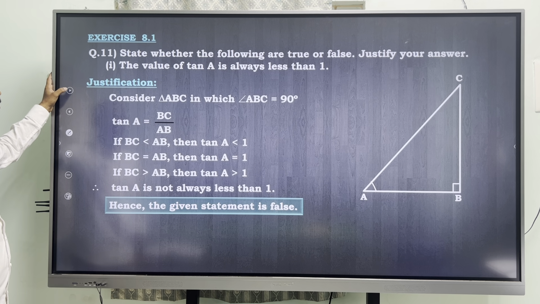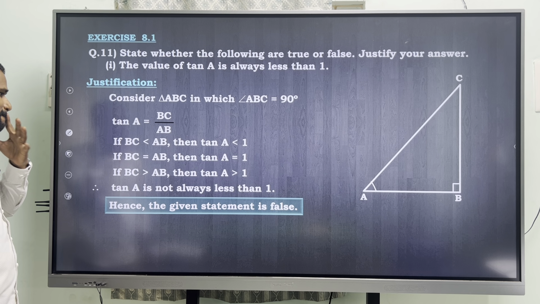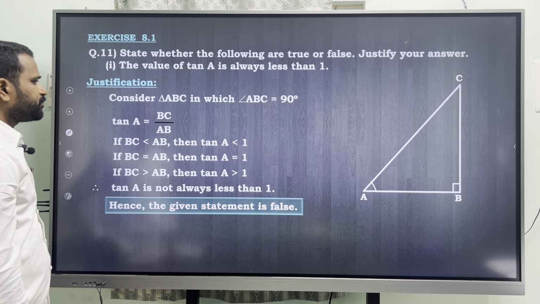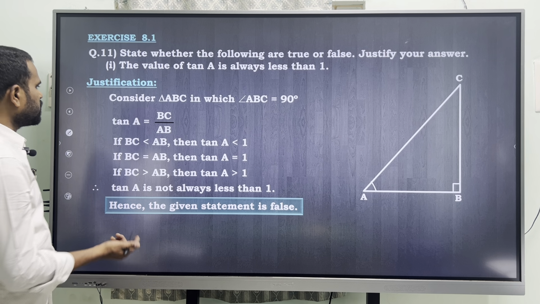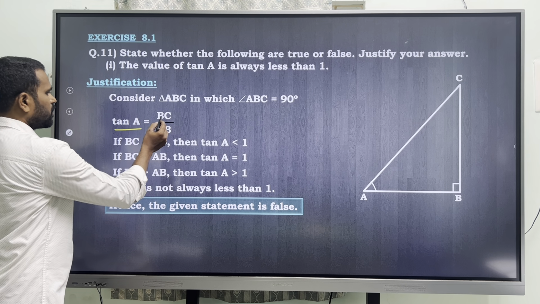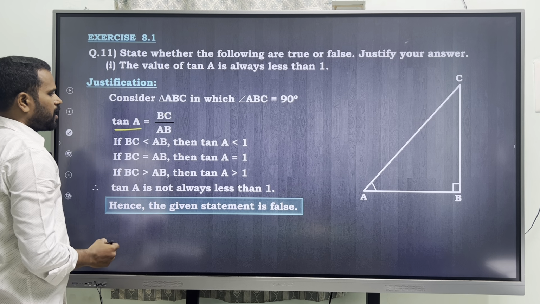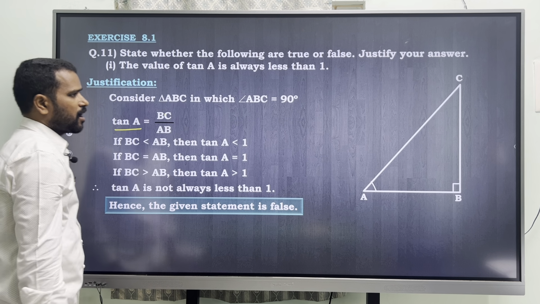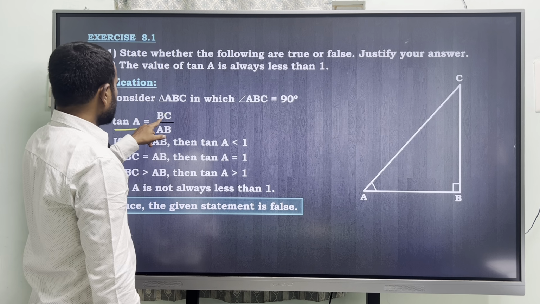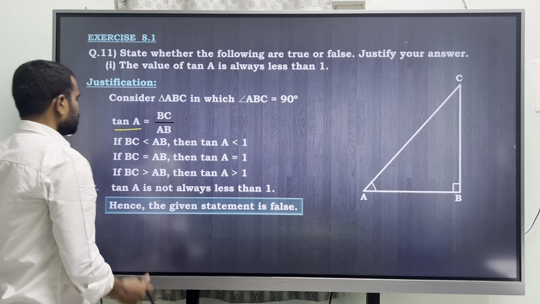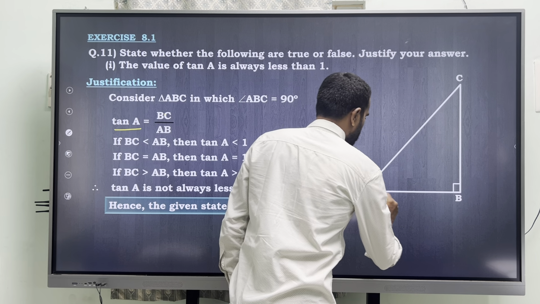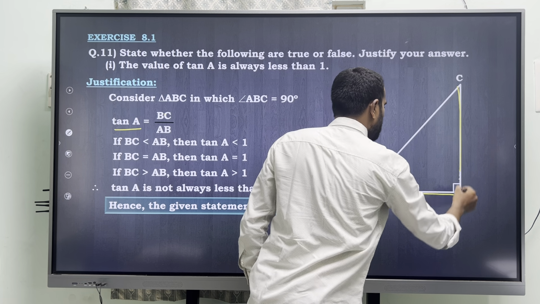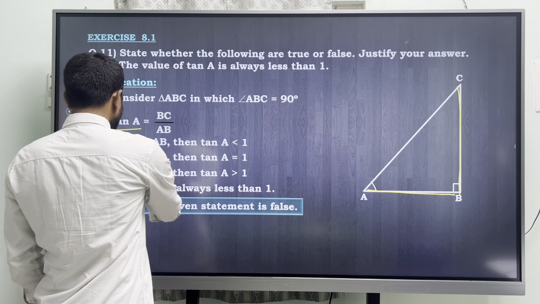It is false, right? Why? Because we know that the tan theta value can also be greater than 1. See here, definition of tan: opposite by adjacent. Sometimes both sides can be equal.